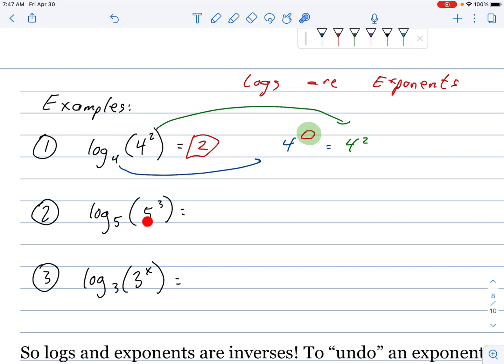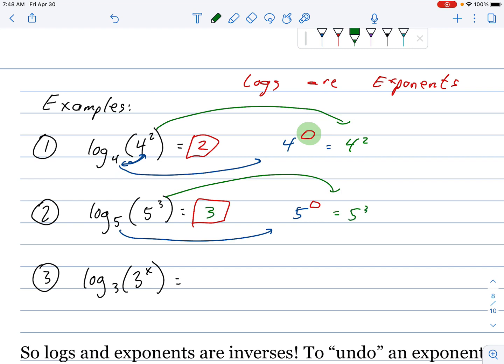Right? So let's look down here. These are the same, the base and this number. And these numbers have to be the same for this to work. Base 5. Logs are exponents. What is the exponent that gives me 5 to the third? Well, that's obviously just a 3. If I were to say that's 125, what's the power of 5 that gives me 125? It's 3. It's always that number.